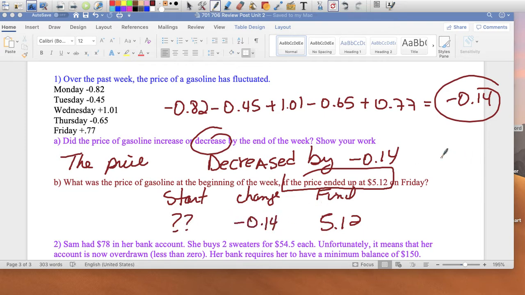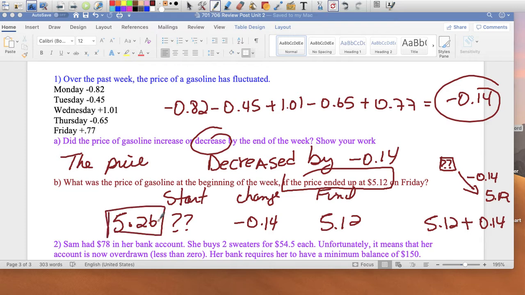It went down, so something was here. It went down, negative 0.14, and the price is 5.12. So, what's the price over here? Has to be bigger, so it's going to be 5.12 plus 0.14. That's going to give us 5.26. 5.26, right here. 5.26 goes down 0.14, and the new price is 5.12.